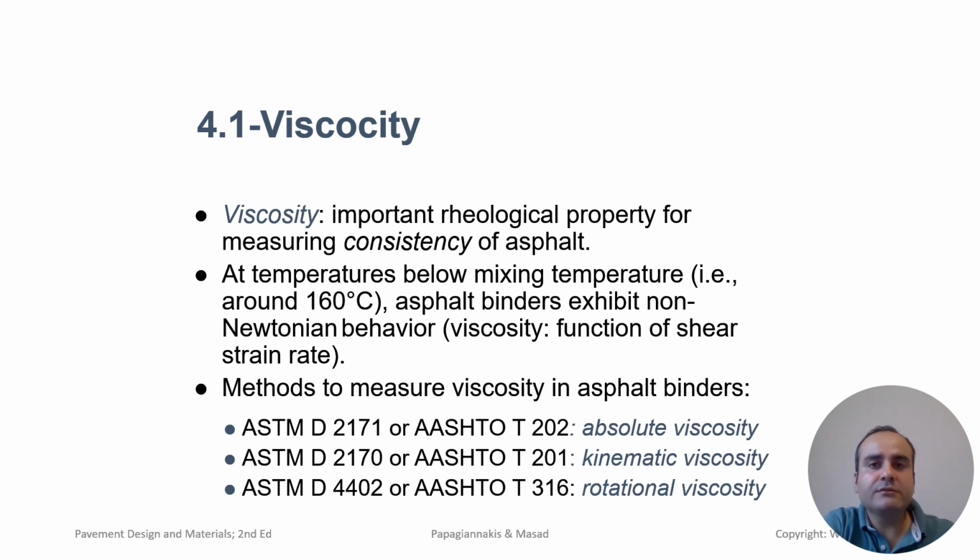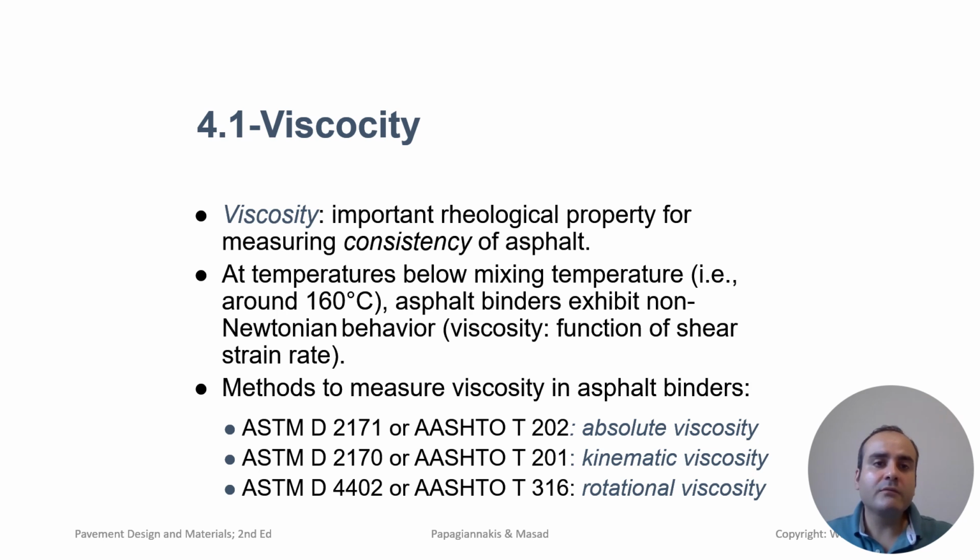Viscosity measures the resistance of a liquid to flow. In the context of asphalt binders, viscosity indicates how easily the binder flows at a given temperature. It is one of the most important properties used in evaluating the performance of asphalt binders under different temperatures.